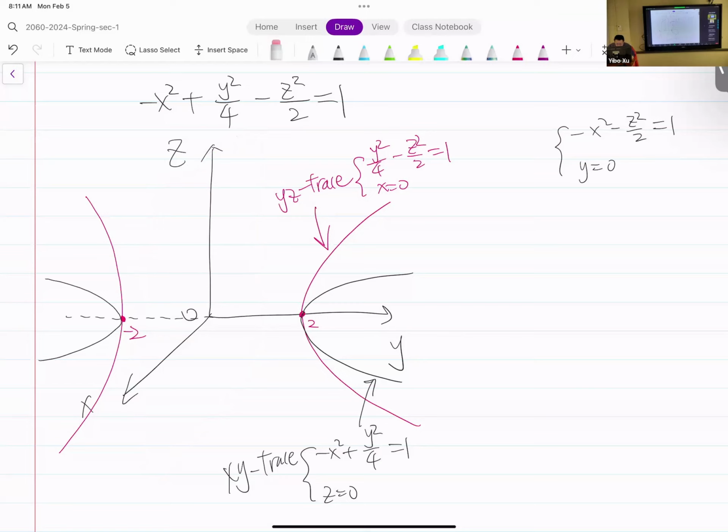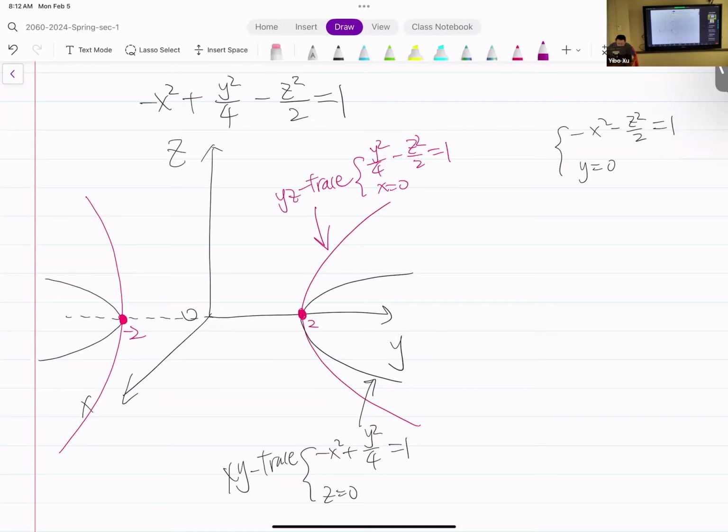If you look at the picture here, these two red dots, let me make them a little bit larger, are y equal to 2 or negative 2, right? So y cannot have a smaller absolute value. Otherwise, you will not really get anything reasonable.